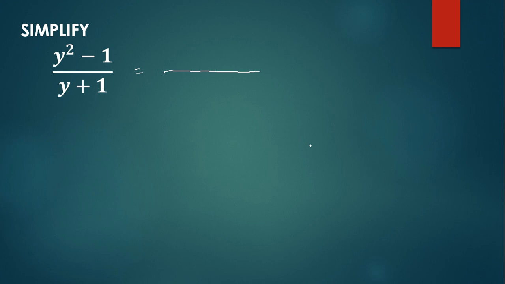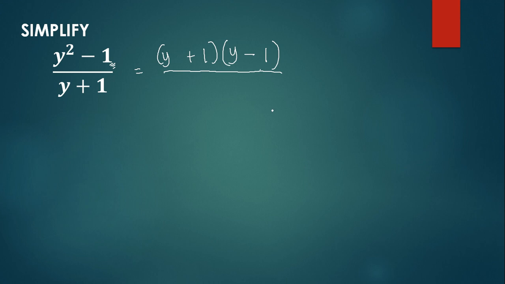So, ang factor natin ng y squared minus 1, yan ay perfect square ang first term. So, that is square root of y squared, that is y. Then, square root of 1 para sa second term, that is 1. Then, plus and minus.